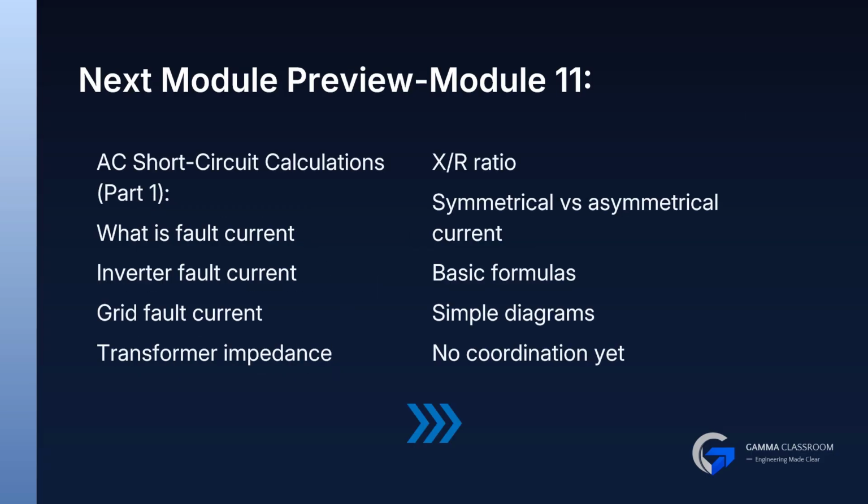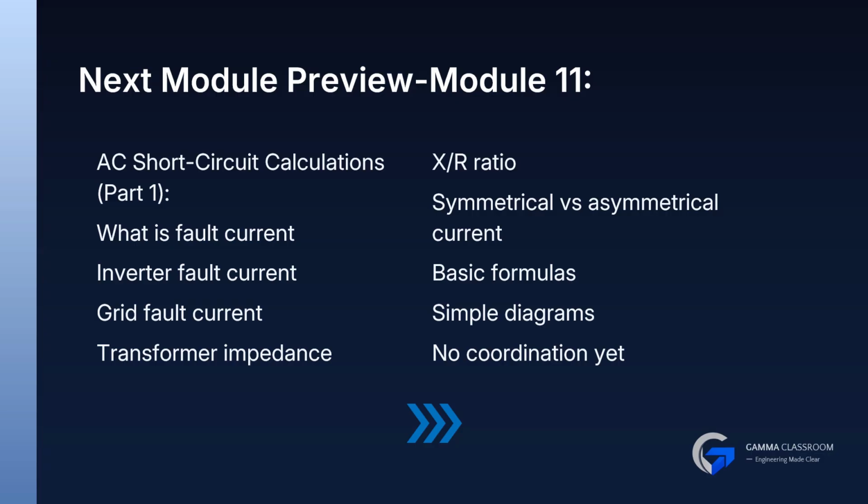In the next module, Module 11, we will start learning AC short circuit calculations. This is the foundation for all protection and coordination work. You will see how inverter fault current behaves, how grid fault current is calculated, and how transformer impedance affects fault levels.